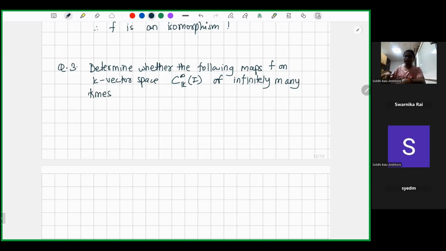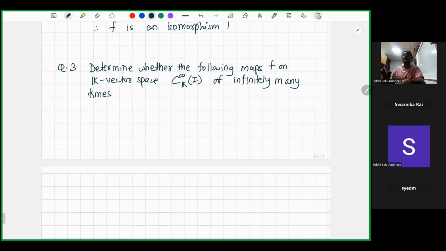So this K vector space we are considering, C infinity of I, K, is all smooth functions. So this C infinity is called smooth functions.